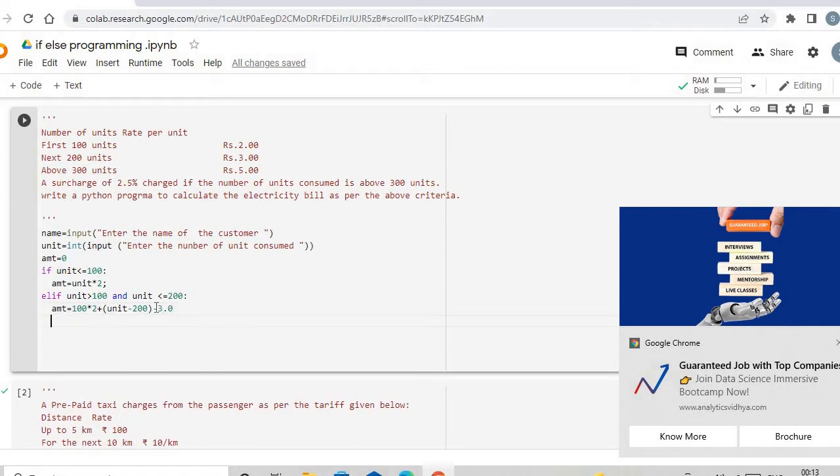Okay, this is the second condition, and now the last condition, elif.